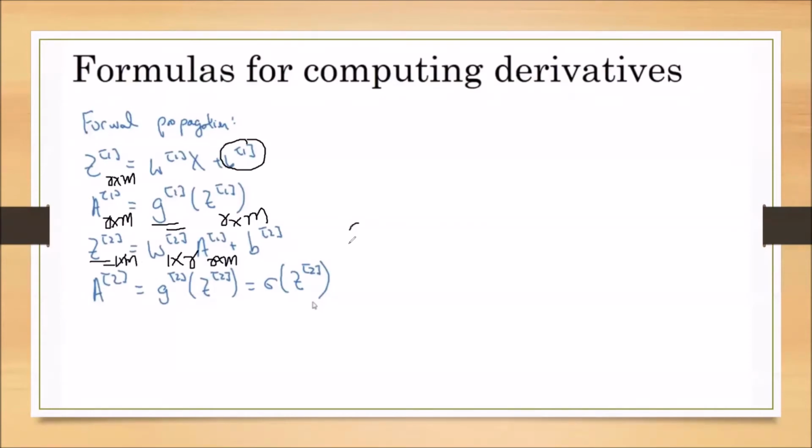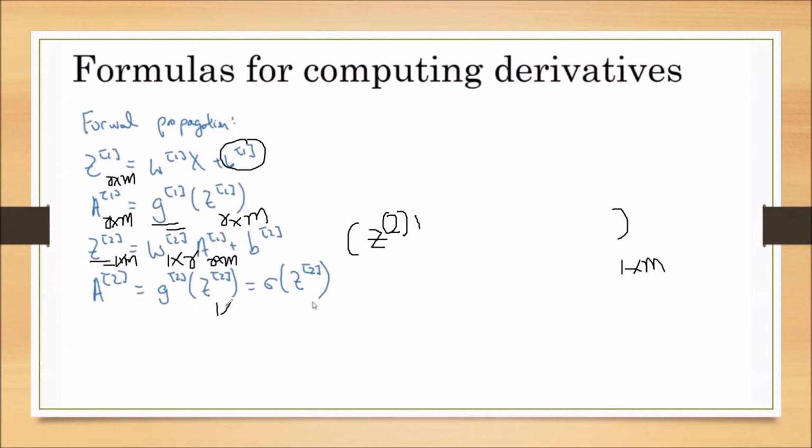So in this Z2, we have M elements. Each element, first I am writing Z2 1, means it is the Z2 of the first training sample. Similarly, we will calculate for M training samples. Now our Z2 is ready.